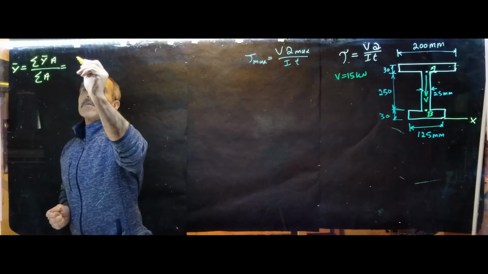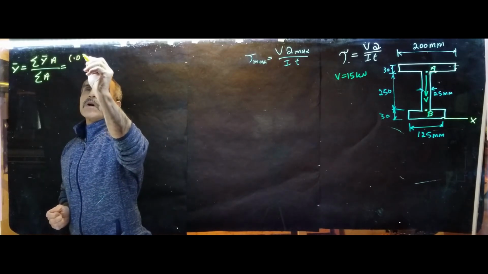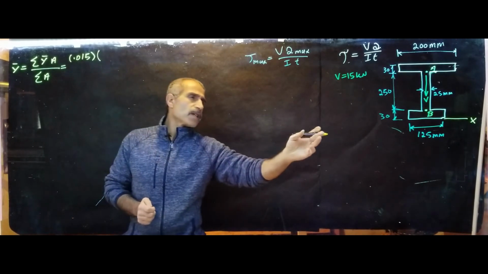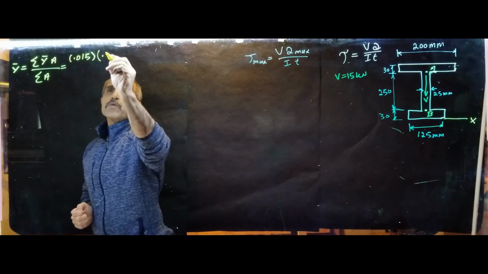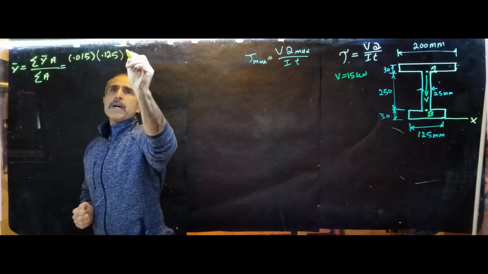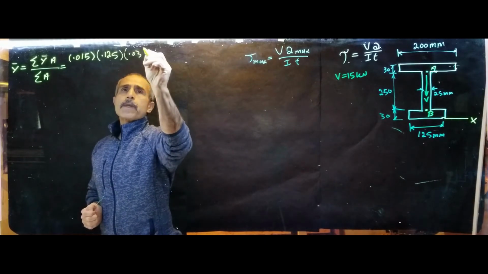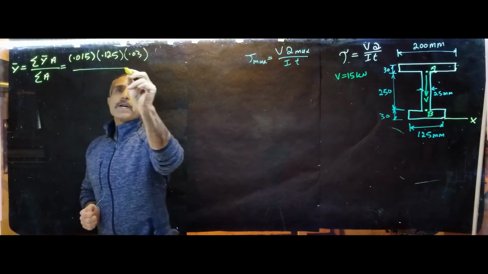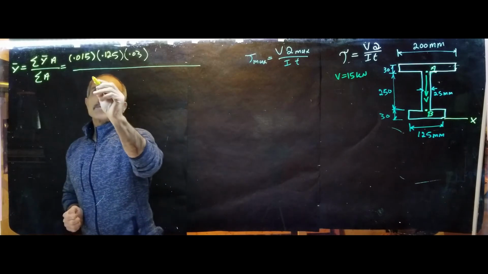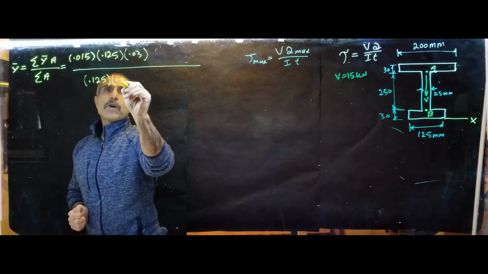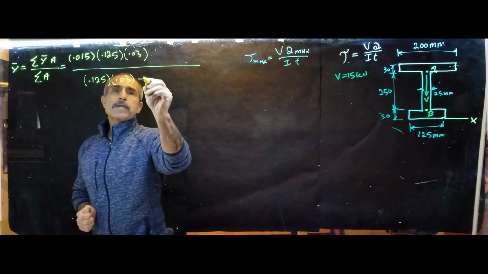So y bar will be 0.015 multiplied by the area. The area is 0.125 multiplied by 0.03. Divide this by the areas below, which will again be 0.125 times 0.03, plus.